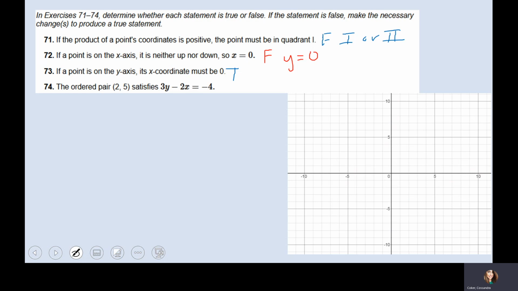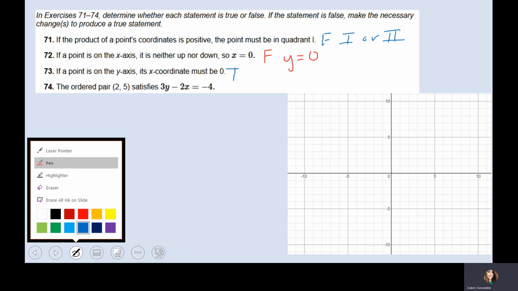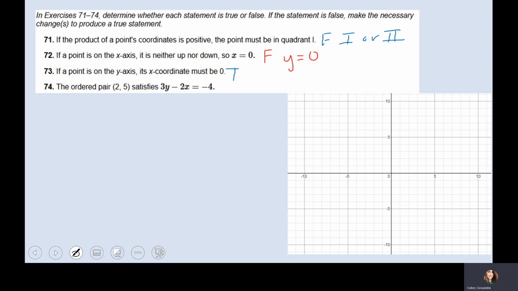Number 74, the ordered pair (2, 5) satisfies the equation 3y minus 2x equals -4. Well, how do you check that? You simply take your x value of 2 and your y value of 5 and plug in. Of course, this creates 15 minus 4, and we're trying to see if that comes out to -4. And you can easily see it does not. So that is false, and we just proved why.